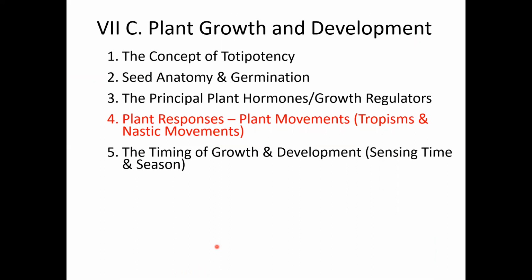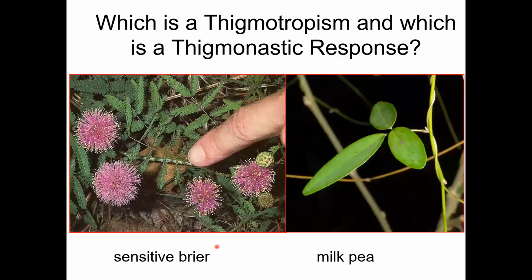Now back to, where was it? Back to here. Let's see if I've covered everything. All right, well, we're going to talk more about nastic movements in a minute. I already told you about the three primary differences. The one nastic movement I haven't mentioned, though, is the way the Venus flytrap works, and that's a nastic response, a turgor water response. This is a thigmonastic response.